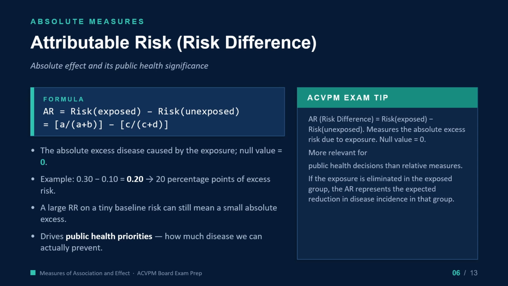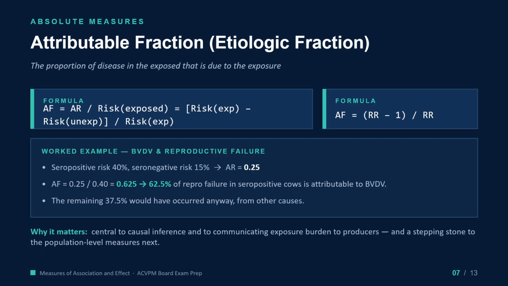The AR helps us prioritize interventions based on how much disease we could actually prevent. This is why public health policy is typically driven by absolute measures, not relative ones. How much excess risk the exposure creates in absolute terms.